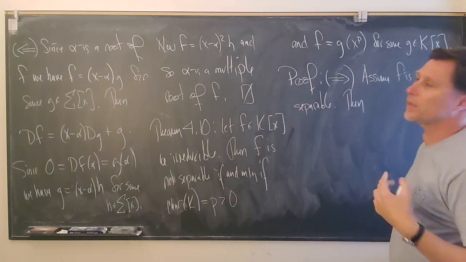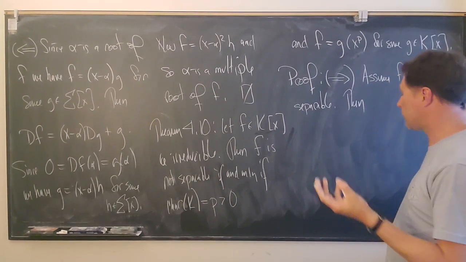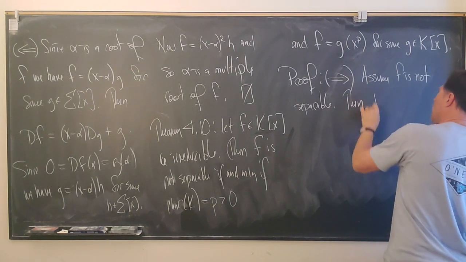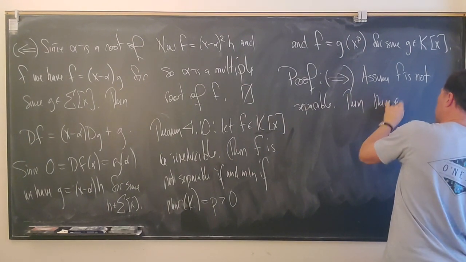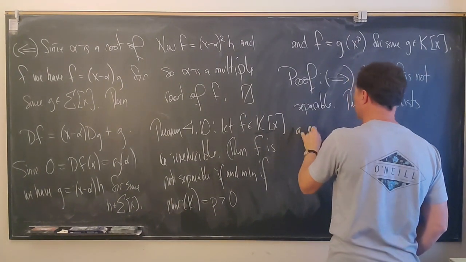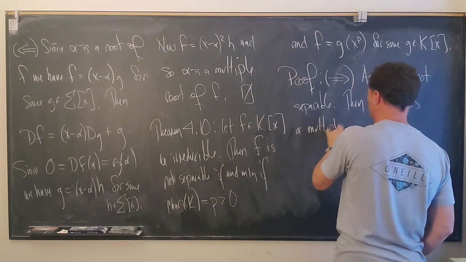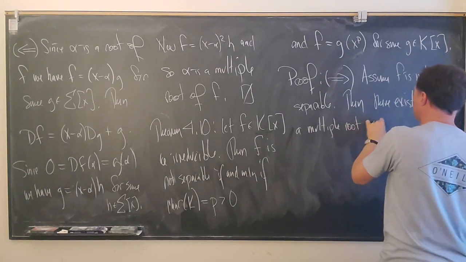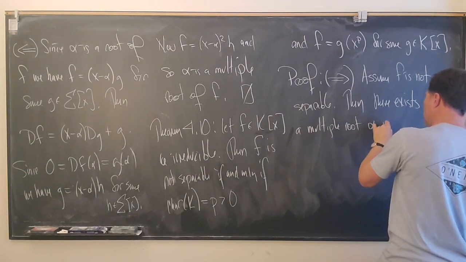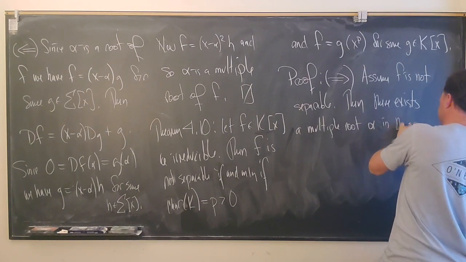Well, then in the splitting field, we've got some root that is multiple, right? So then there exists a multiple root alpha in the splitting field.